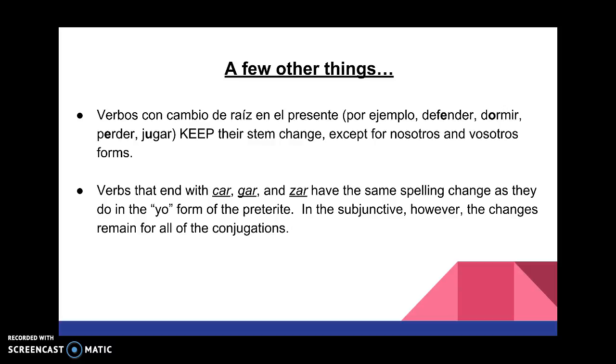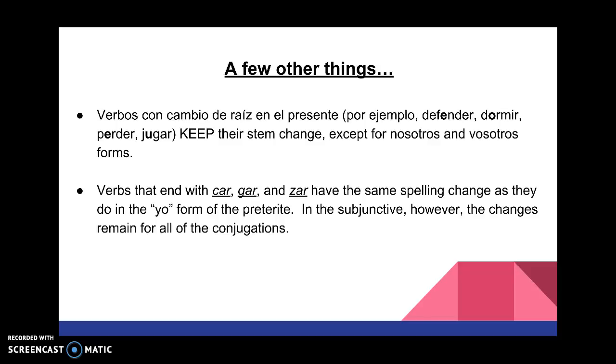Another thing you need to be aware of is that verbs that end with car, gar, and zar have the same spelling change in the subjunctive as they do in the yo form of the preterite, which means that verbs that end with car are going to change to QUE, Q-U-E, no hay acento. Verbs that end with gar are going to change to GUE, G-U-E, no hay acento.